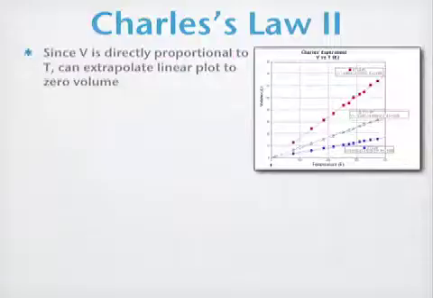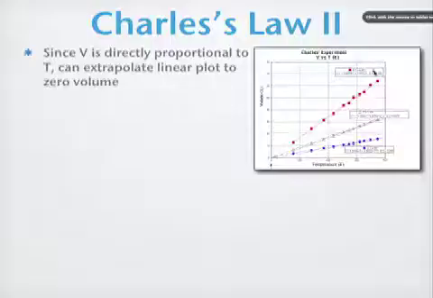The volume is directly proportional to T, which means that we can take a plot of a gas at a given pressure and number of moles and extrapolate it back to zero volume. Here's three plots for different pressures, 0.5 atmospheres, 1 atmosphere, and 2 atmospheres of the same gas, the same number of moles of gas, all extrapolating back to some zero.